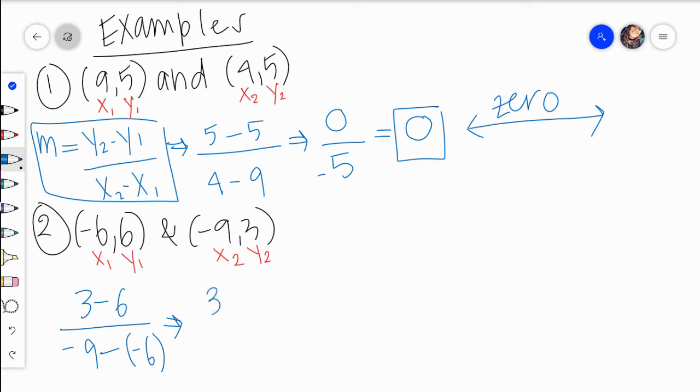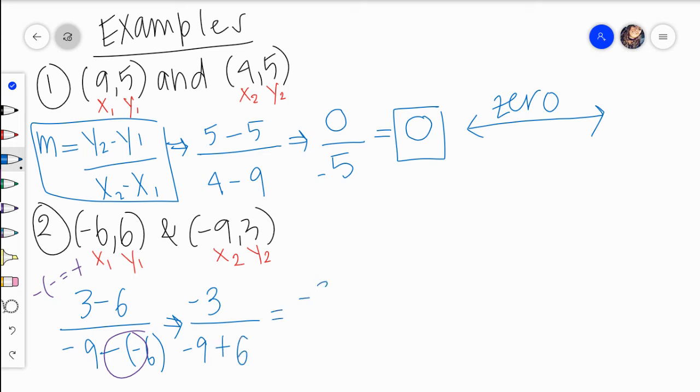Signs are different, so you subtract and keep the sign of the larger. And then in the denominator, we have a negative 9, and then we have this minus, parenthesis negative. I've always said it kind of looks like a little smiley face, and when you're smiling, you're positive, you're happy, so it's a positive. You could also just think of it as negative times a negative. You get a positive.